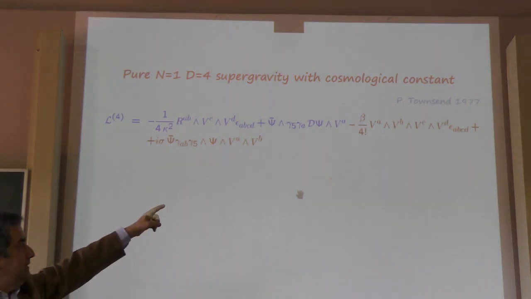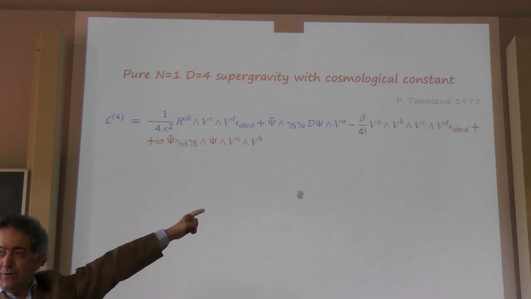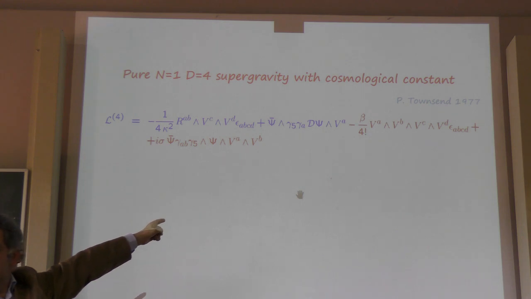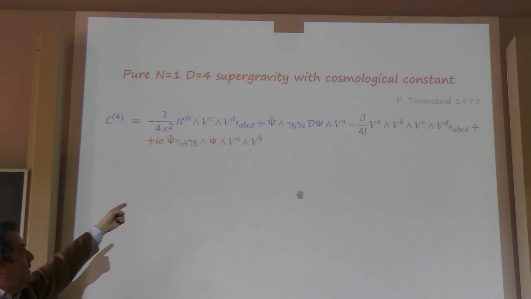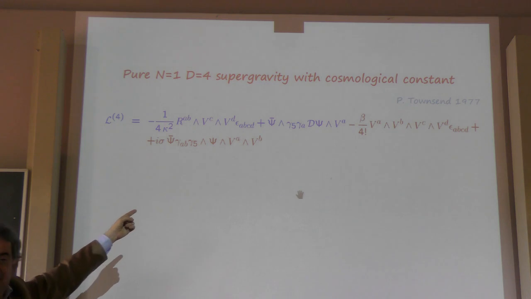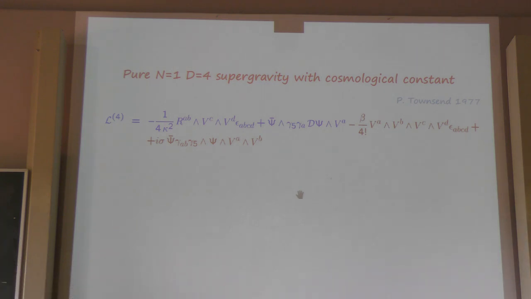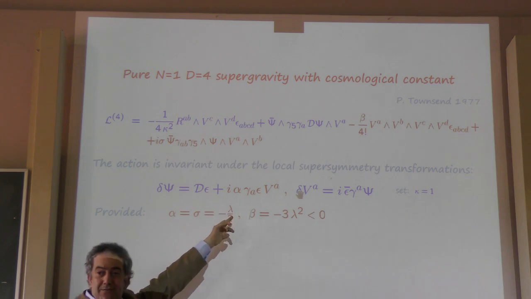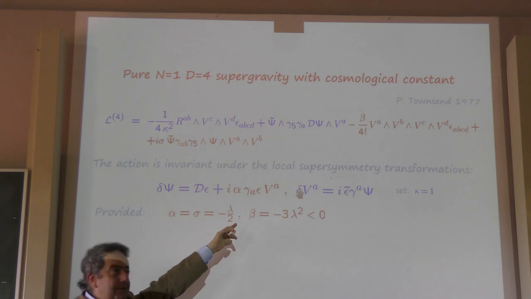Paul Townsend proved that if you want to add a cosmological constant, you have also to add other things. Otherwise, the action will not be supersymmetric. Particularly, you have to add this other term, which is quadratic in psi, as in this form here. As we shall see, this is a mass term for the gravitino. And you have to add also a term here in the supersymmetry variation law of the gravitational field.